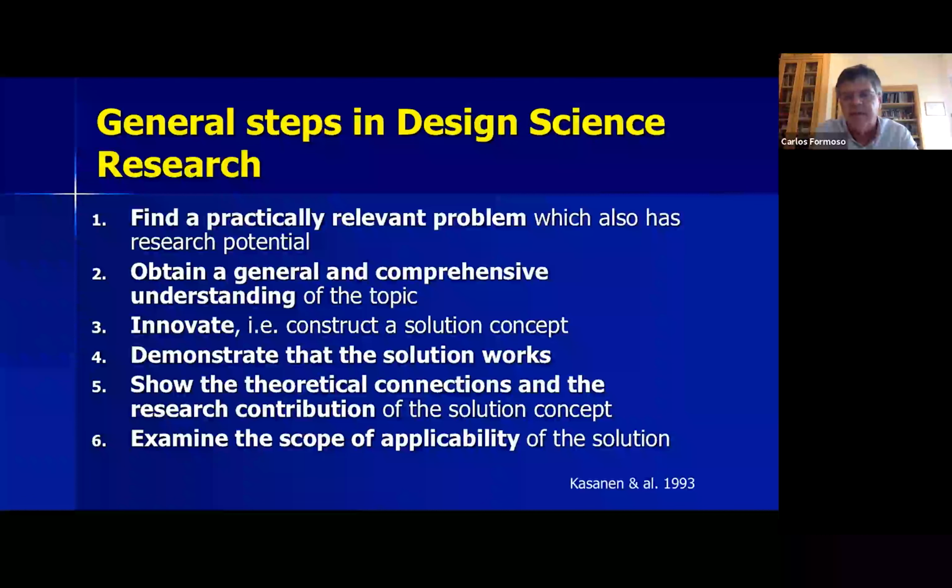We still think about theory, but it's not a highly abstract theory. And finally, the final step is to examine the scope of applicability of the solution. So we must check what is the limit, what is the domain of applicability of that solution.